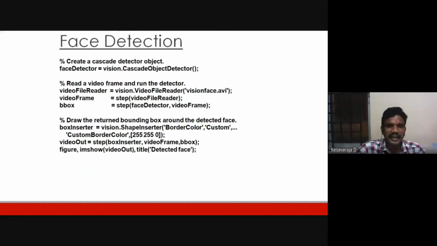For the next one, everything is the same, with just one change: the cascade object detector, which we choose to detect a face.